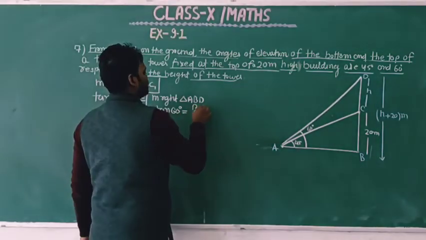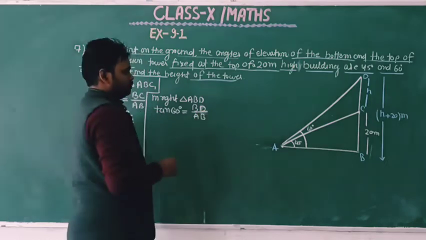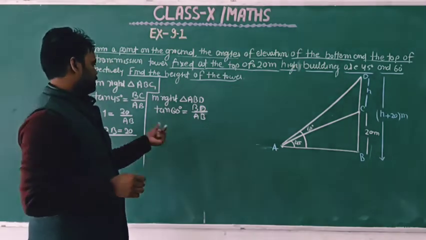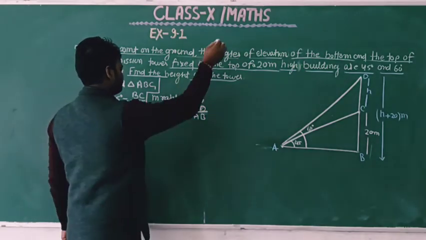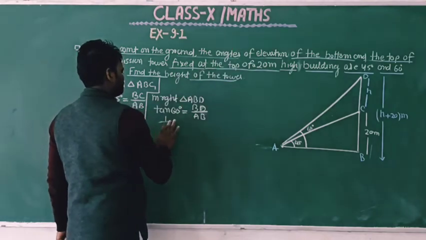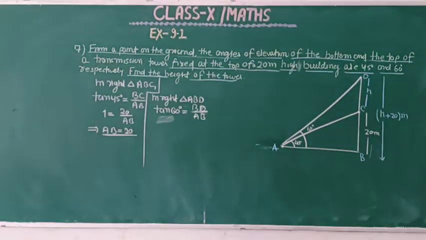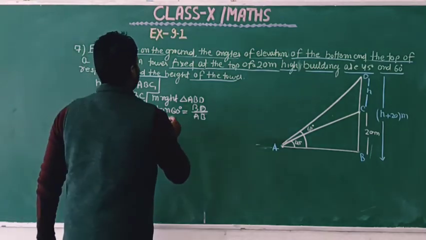Perpendicular is BD, upon AB. Tan 60 is root 3.